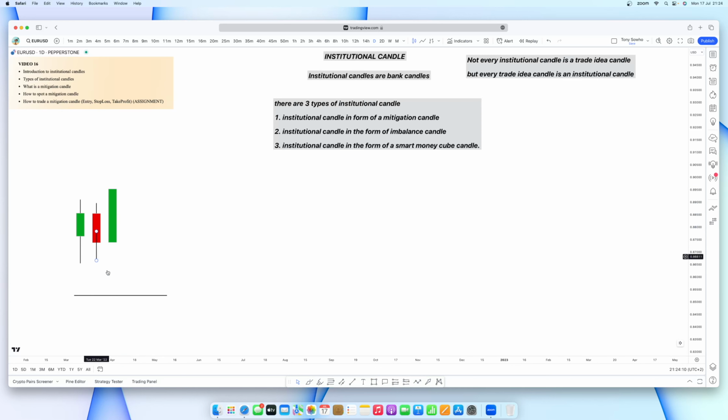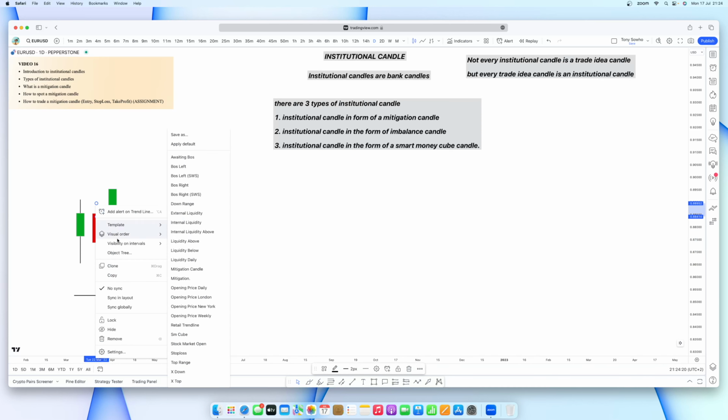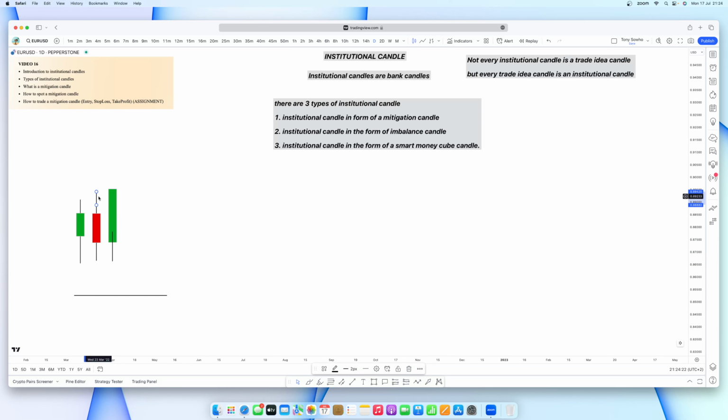So we have the bullish candle, the bearish candle, the bullish candle. And let's say we have another bullish candle in this area.